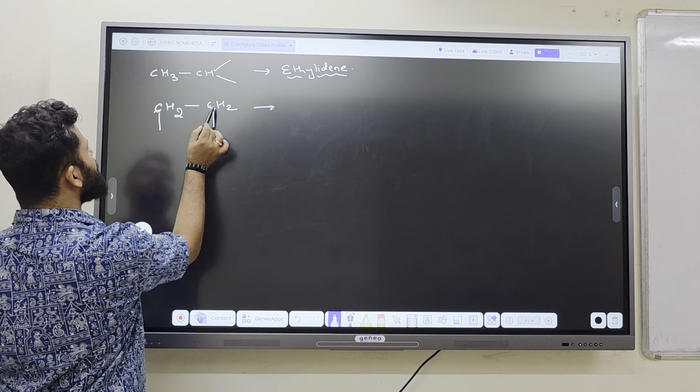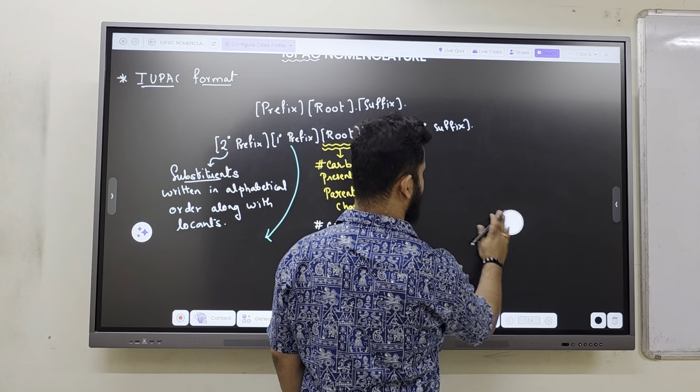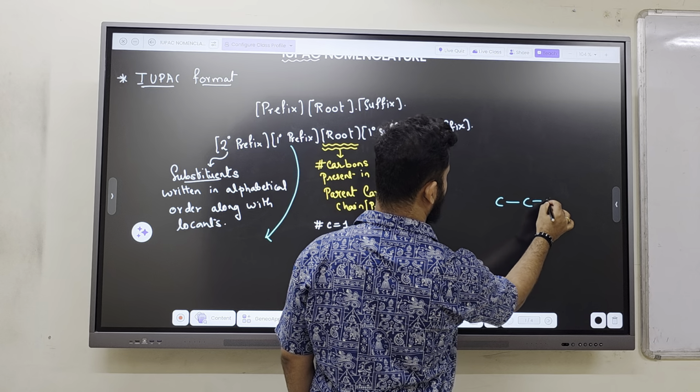Cyclic would be like this: 1, 2, 3, 4, and the fourth carbon is connected with the first one, so it forms a cycle. That's called cyclic. Whereas if they were not connected, it would look like 1, 2, 3, 4.